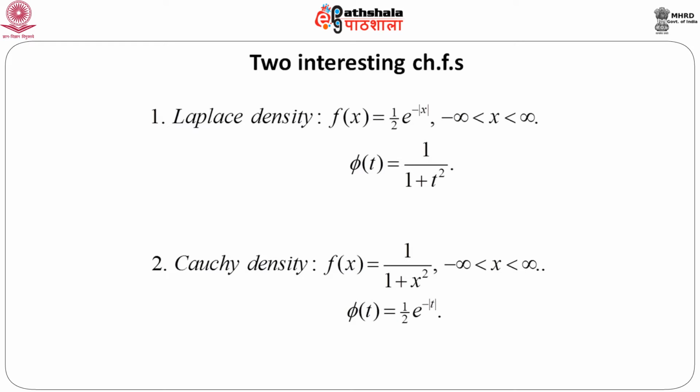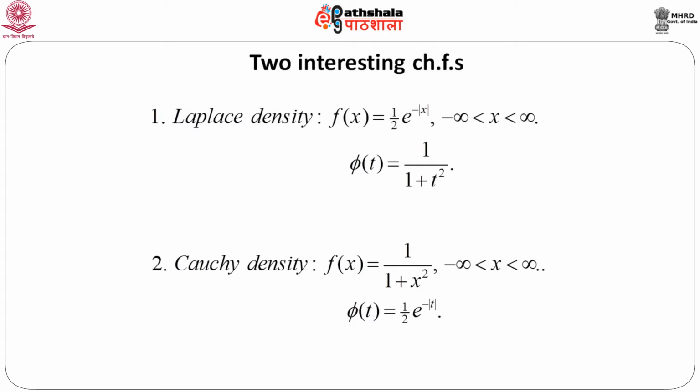If we write the density function of the Cauchy random variable, then f(x) equals 1 by (1 plus x square). And if we derive the characteristic function of this Cauchy random variable, we will see phi(t) equals e to the power minus mod t. So, you see the density function of Cauchy is exactly in the form of the characteristic function of the Laplace density.